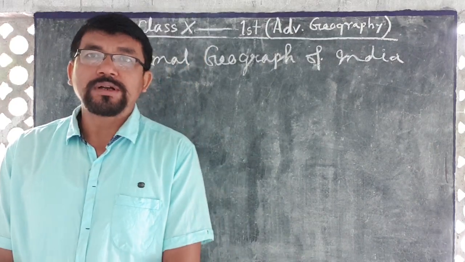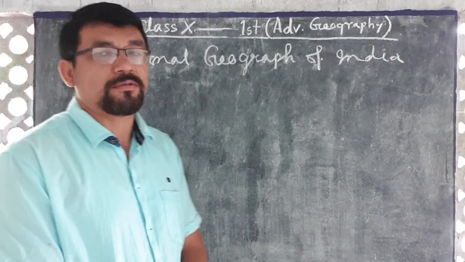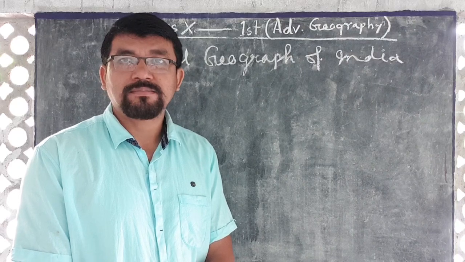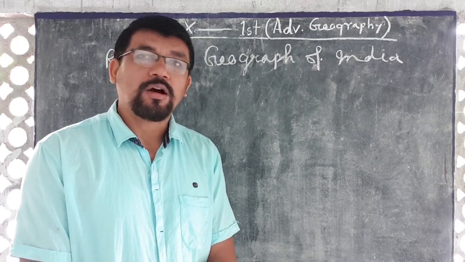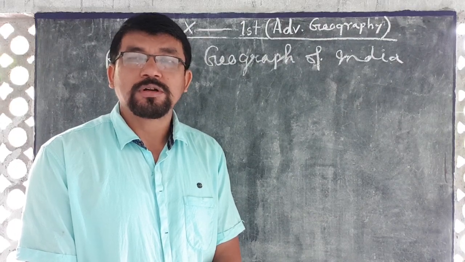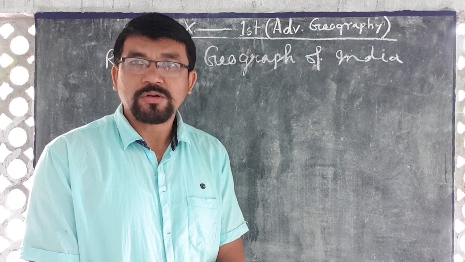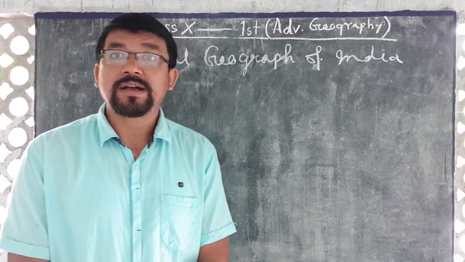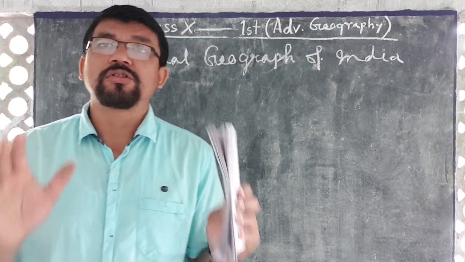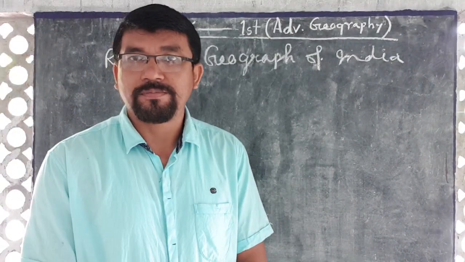And last one, the Mongolian people are living in the northeastern part of India, in Assam, Meghalaya, Arunachal Pradesh, Nagaland, Mizoram, Manipur, Tripura, etc. So, it is very interesting that all these three kinds of racial groups of people are found in India.